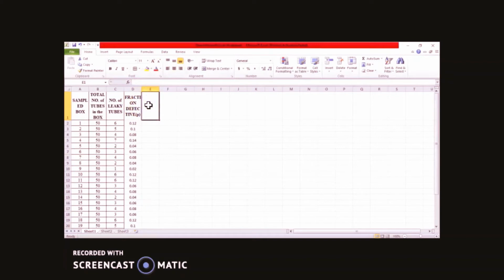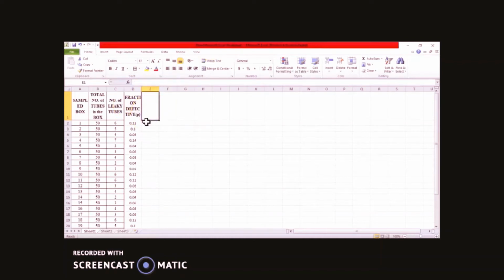After finding out the fraction defective value, we are going to find out the P bar value. And you know what is P bar value? P bar is basically the average of this fraction defective. How can we find the average of the fraction defective? There are two ways.